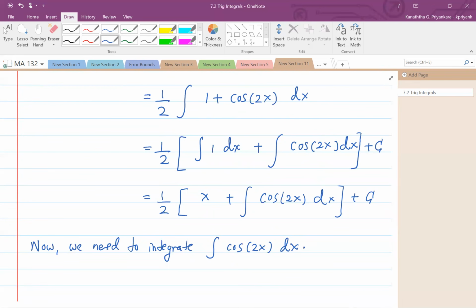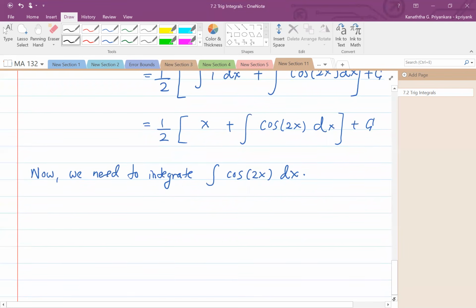I will show you for this case, and then from the next example onward, I will use the u substitution directly without showing steps, and I will show you how to do that directly as well. So we can use u equals 2x.